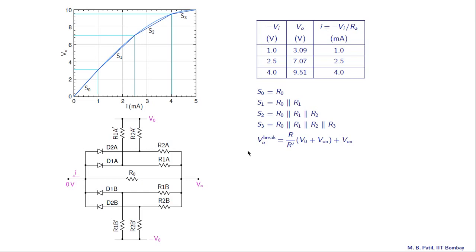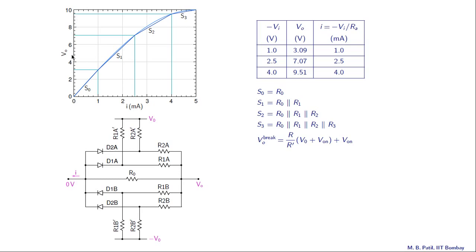The last step is to calculate these resistances R1 prime, R2 prime and R3 prime for the third branch, which is not shown over here. And as we have seen earlier, these are related to the breakpoints in the output voltage, namely this breakpoint and this breakpoint.